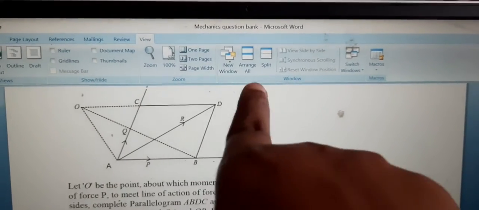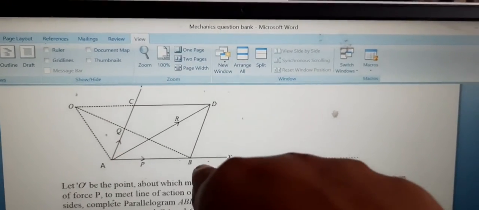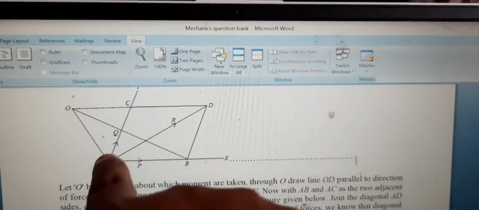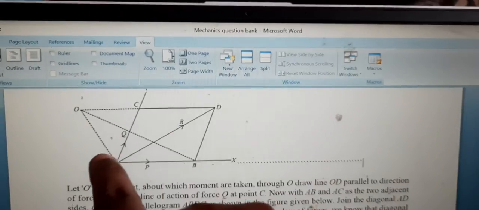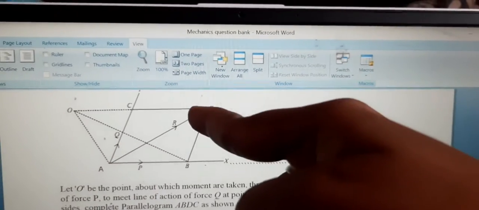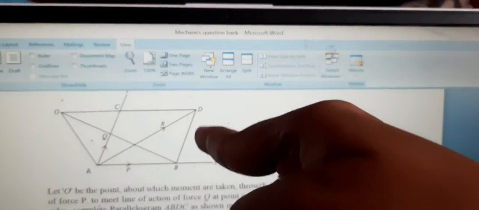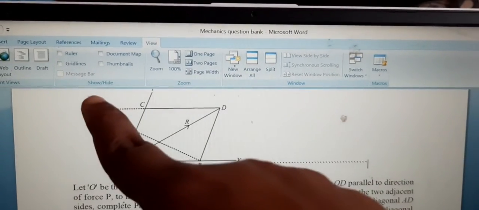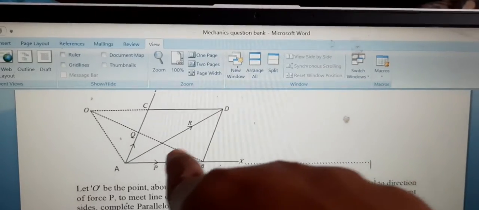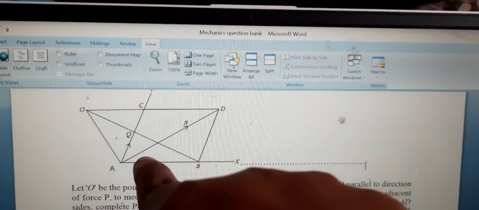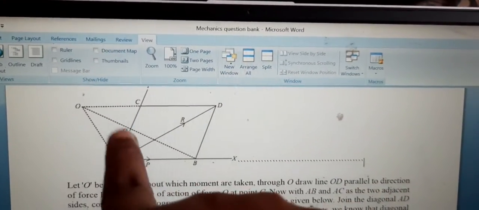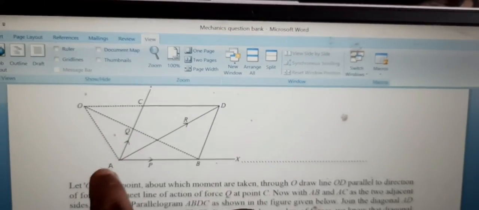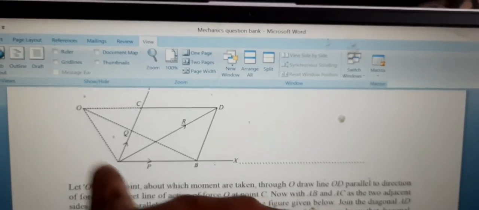So triangle ACD equals triangle ABD. Next, triangle ABD equals triangle AOB, because the base is the same, and if we draw a perpendicular line, the height will also be the same for both triangles. If two triangles have the same base and height, then their areas are equal. So ACD equals ADB equals AOB.